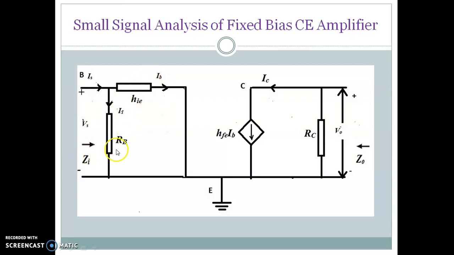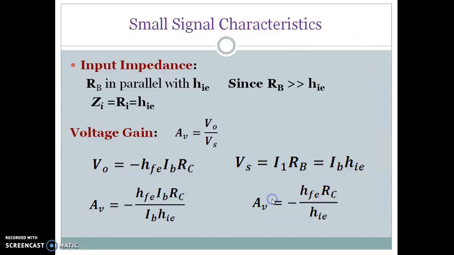So my Zi is RB parallel HIE. We know that RB is the biasing resistor, and RB is very much greater than HIE. Since these two are in parallel, the equivalent impedance will be the lowest one. HIE is the lowest, therefore your Ri is equal to HIE.